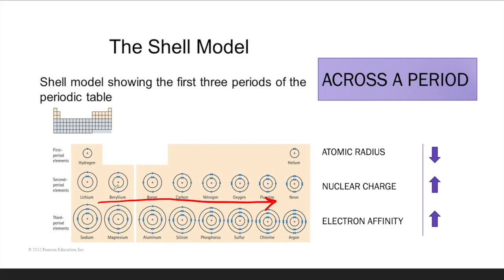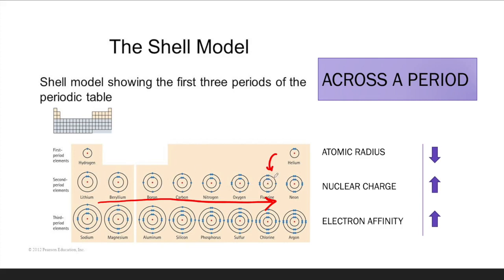Now, if the size of the atom decreases, then the electron affinity also will increase. Why? Because electron affinity is a tendency of an atom to accept electrons, correct? A small atom takes up electron more readily than an atom which is larger.